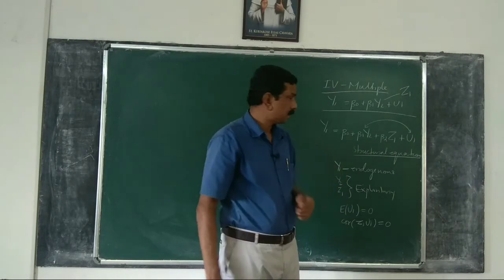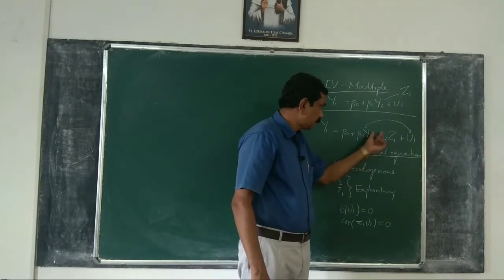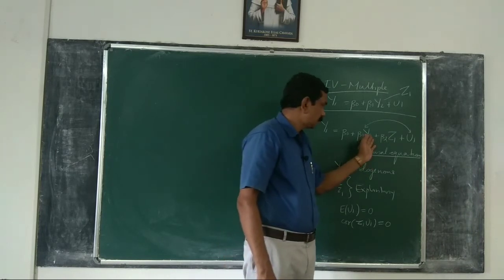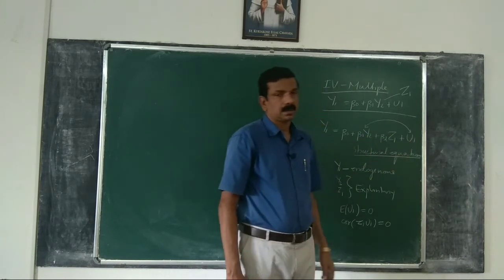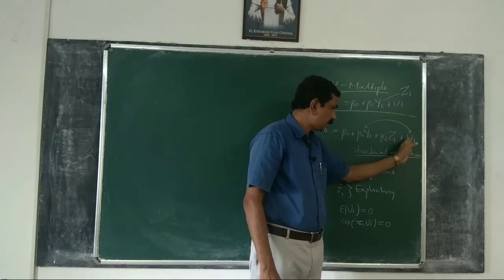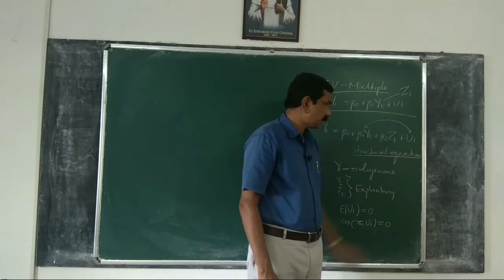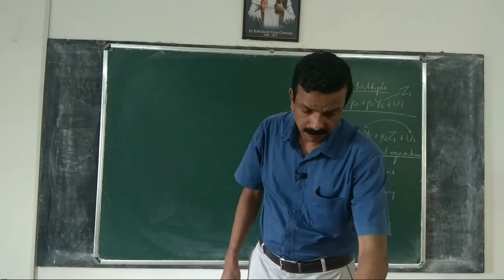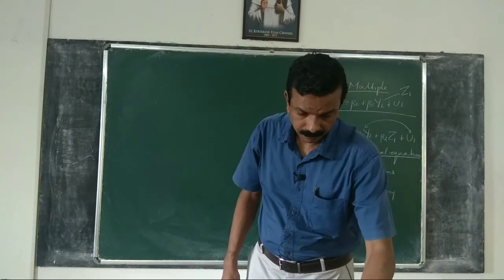It may be because there are many variables correlated with y2 but included in u1. Whatever it is, we assume that y2 is endogenous, correlated with u1, and z1 is exogenous, not correlated with u1.